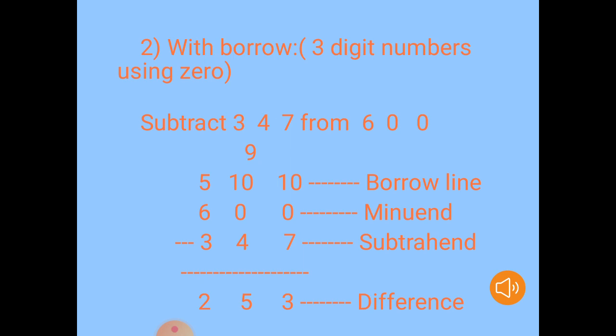When we subtract 7 from 10, we get the difference 3. Now going to the tens place, 9 minus 4, we get 5. Next, hundreds place, 5 minus 3, 2. So the difference of 600 and 347 is 253.